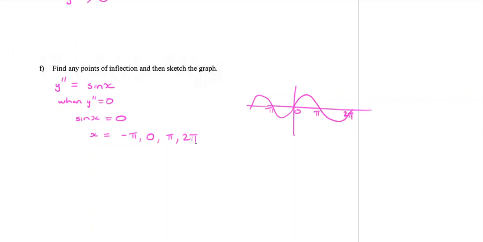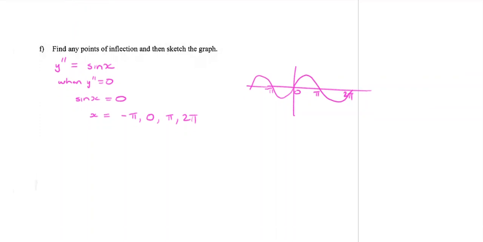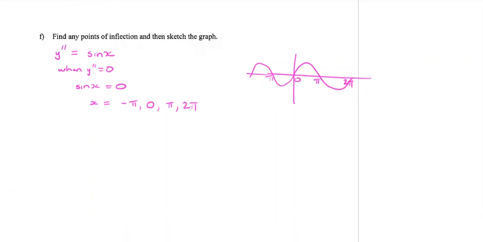So if I want points of inflection, if you sub these points into the original equation. The original equation was x minus sine x. So my equation was y equals x minus sine x.